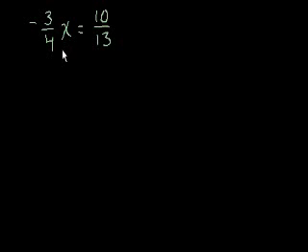Well, we do the same thing. We multiply both sides by the reciprocal of the coefficient on x. The coefficient, all that fancy word means, is the number that's being multiplied by x. So what's the reciprocal of minus 3/4? Well, it's minus 4 over 3 times, and a dot is another way to write times.